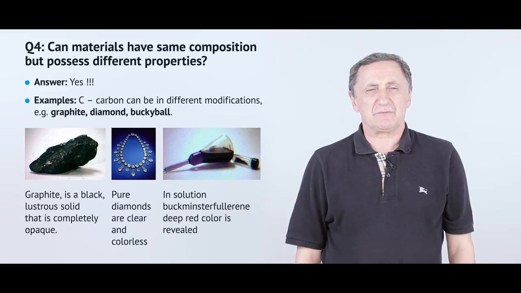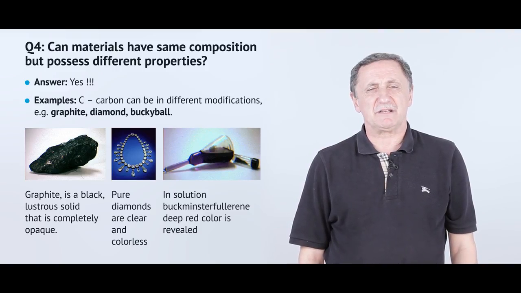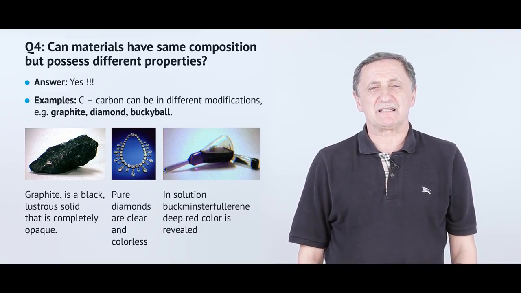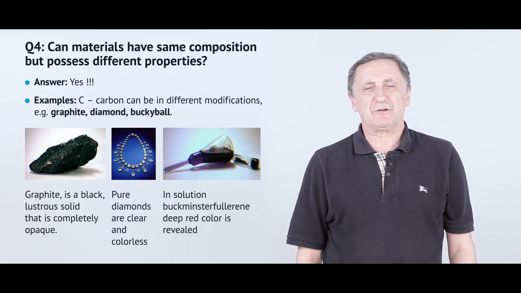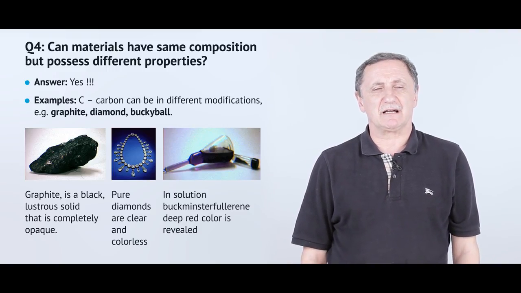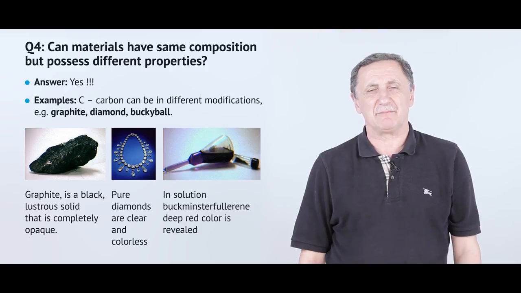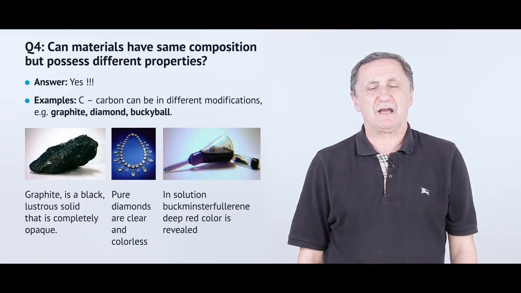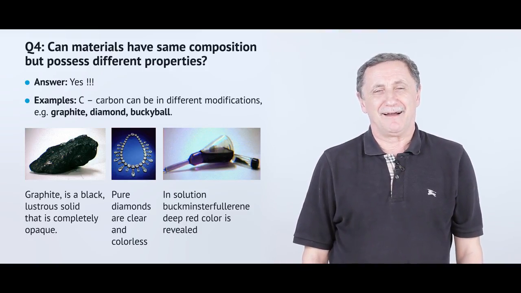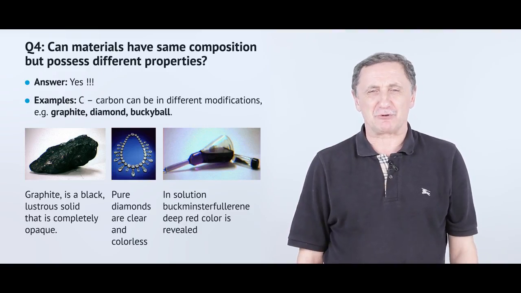So it means that indeed materials may have absolutely the same chemical composition, consisting of absolutely the same elements, which do have absolutely the same electron structure and atomic structure.